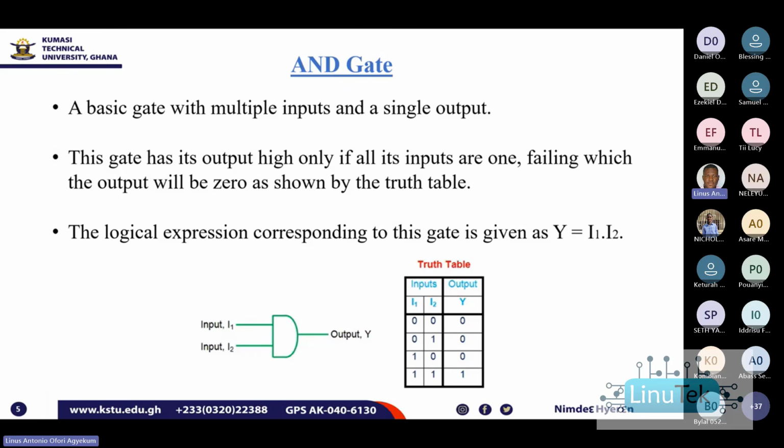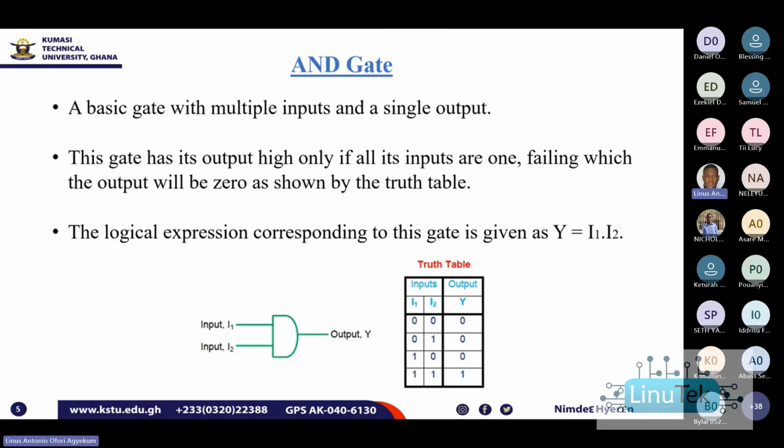When you look at the truth table, you see 0, 0; 0, 1; 1, 0; and 1, 1. These are the possible combinations of the inputs to the AND gate. The AND gate produces an output of 1 only when both inputs are 1. Where the inputs are not both 1, the output will always be what? 0.